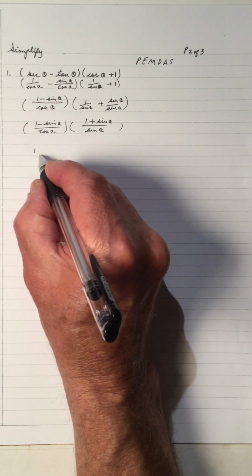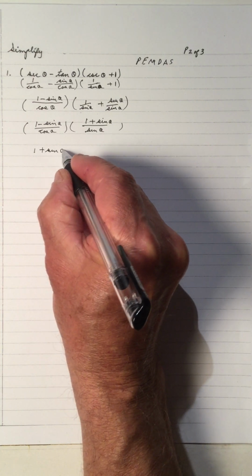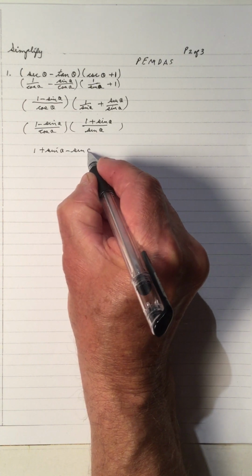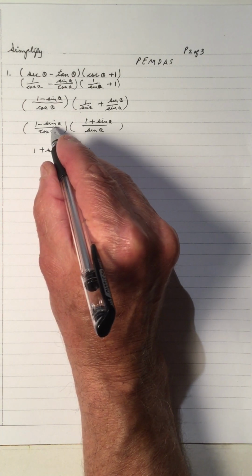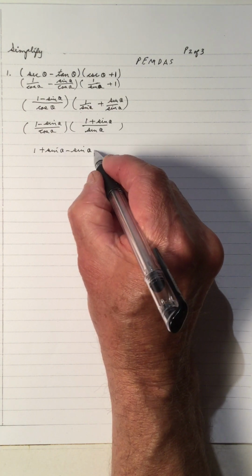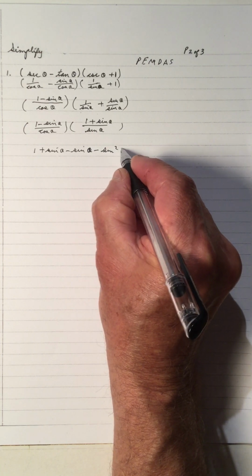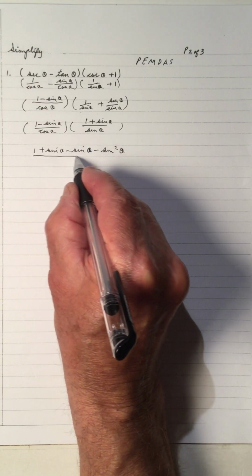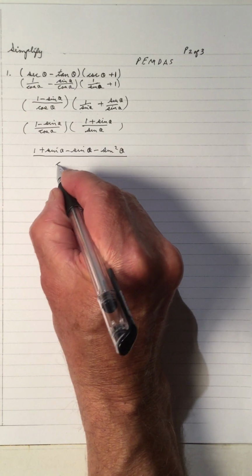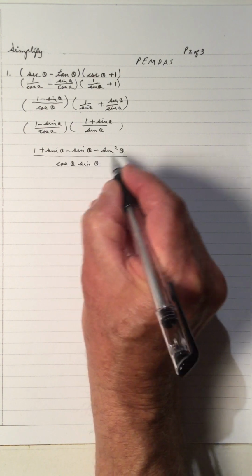First, 1 times 1, 1 times sine, negative sine times 1, and a negative sine theta times positive sine theta is a negative sine squared theta. So there's the FOIL. And the denominator is cos theta times sine theta. Can't combine them, just write them down again by themselves like that.